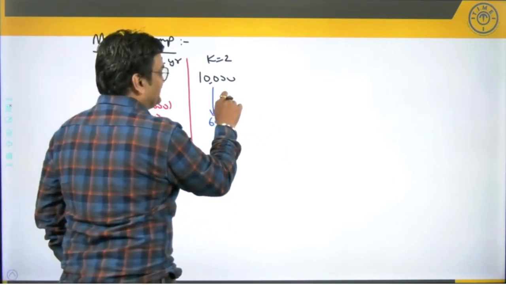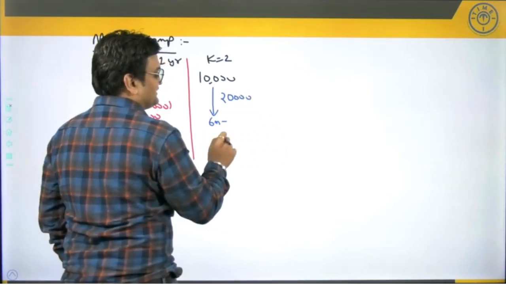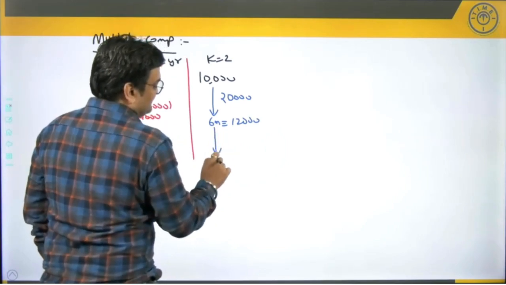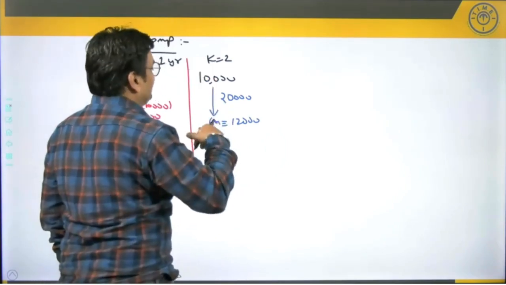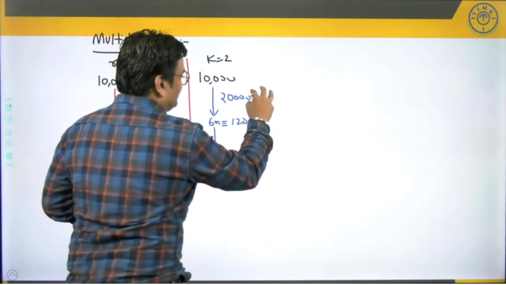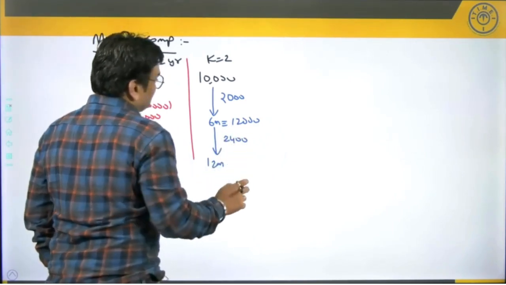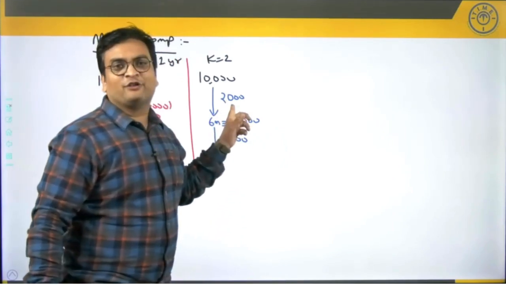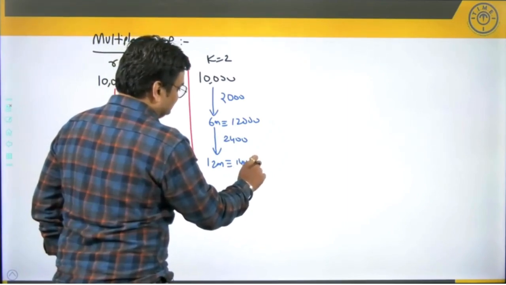The interest will be 20% of 10,000, which is 2,000. So the total amount after 6 months will become 12,000. Now 6 months later, that is overall 12 months later, compounding will again be done at the rate of 20%. This time it will be 20% of 12,000, which gives us 2,400. So overall in this 1 year, the total interest earned is 4,400, and the final amount will become 14,400.